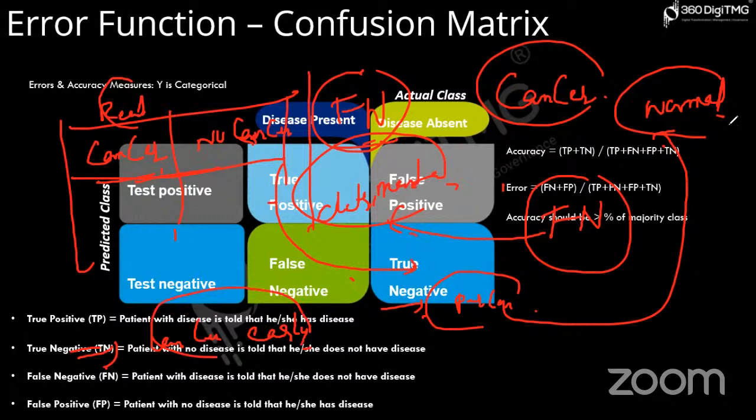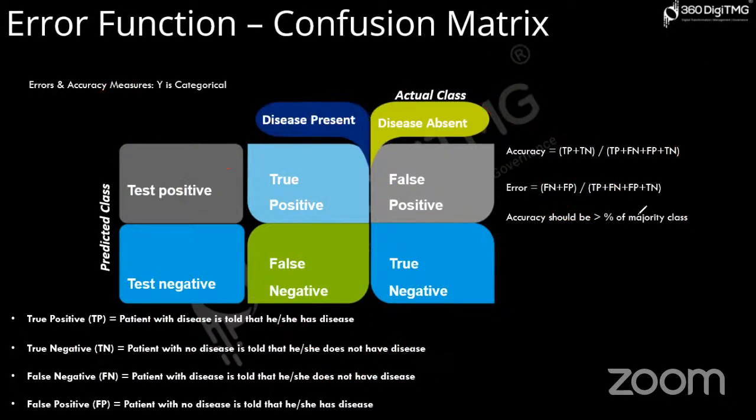But by the time he came to know that he has a cancer, he might be in the last stage. Due to your prediction, there is a life. I mean, you are risking a life just because your prediction went wrong. So whenever you are working on healthcare analytics or life sciences, you have to be very careful about it.